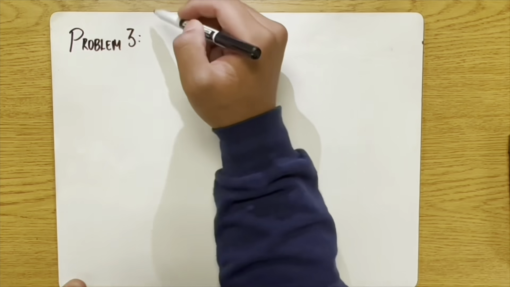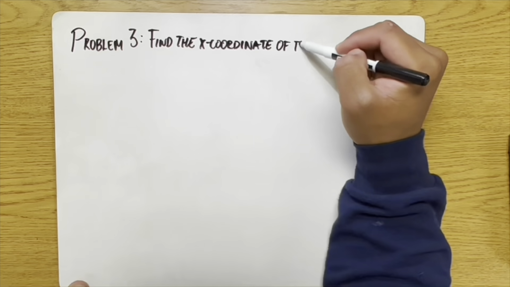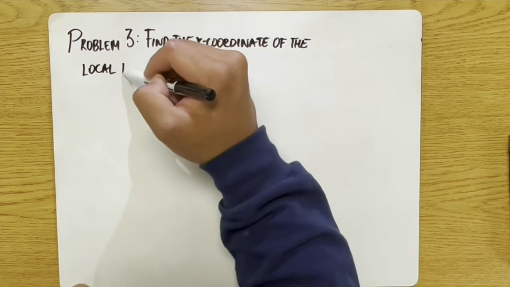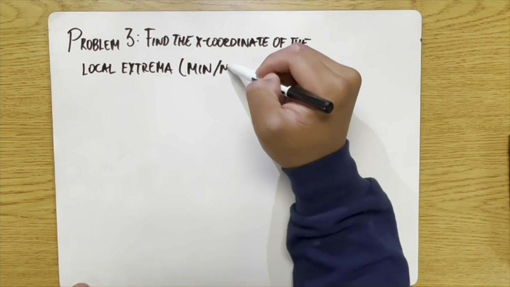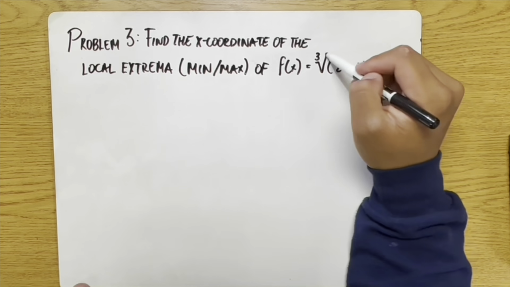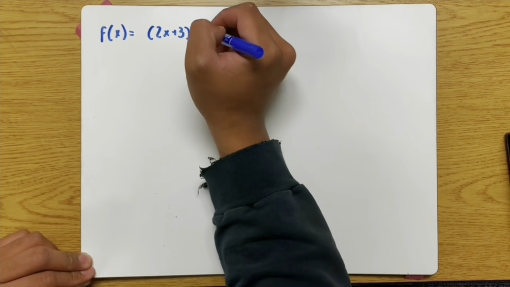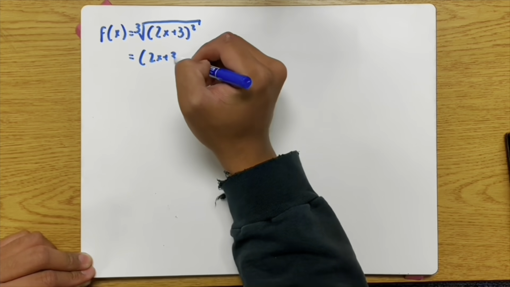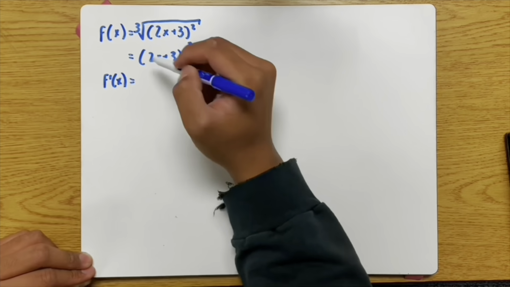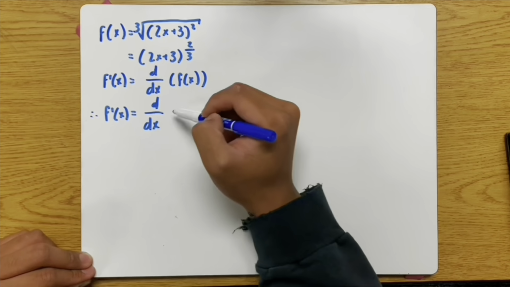Problem 3. Find the x-coordinate of the local extrema of the function f of x equals the cube root of 2x plus 3, squared. First, let's write down the equation and then take the first derivative using the chain rule.